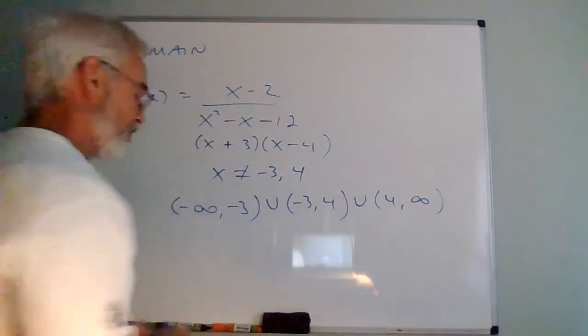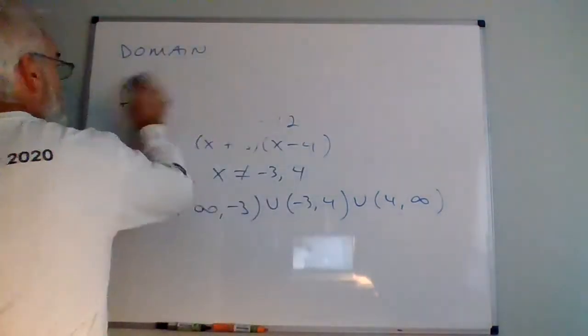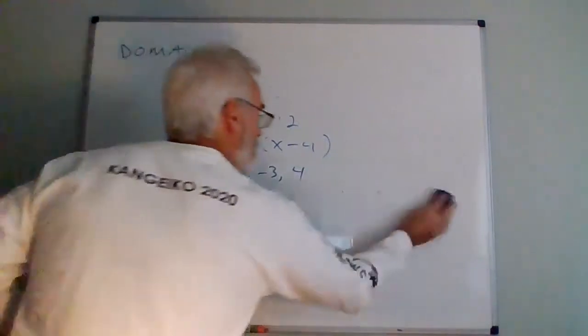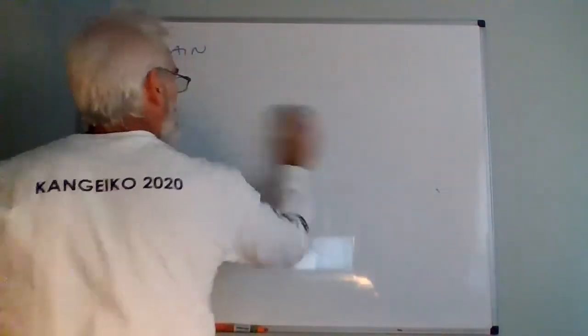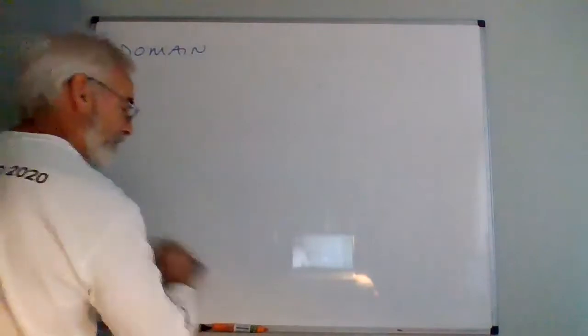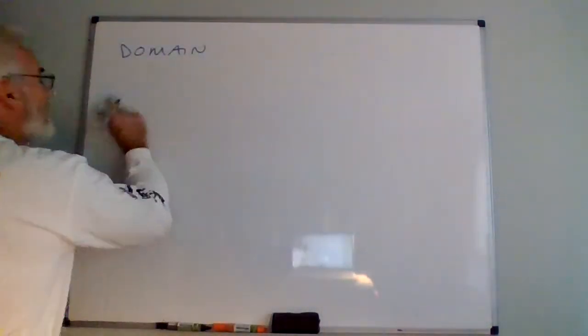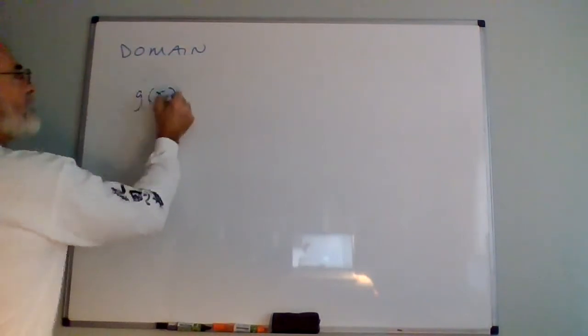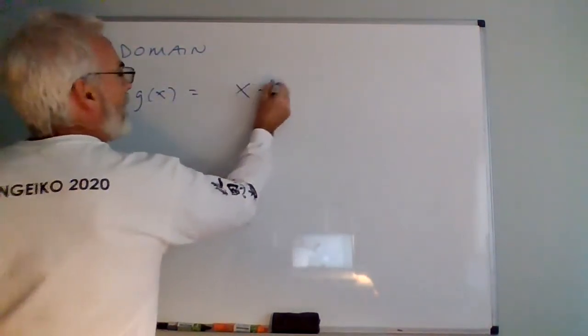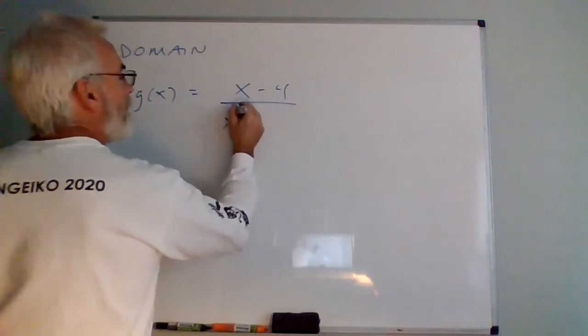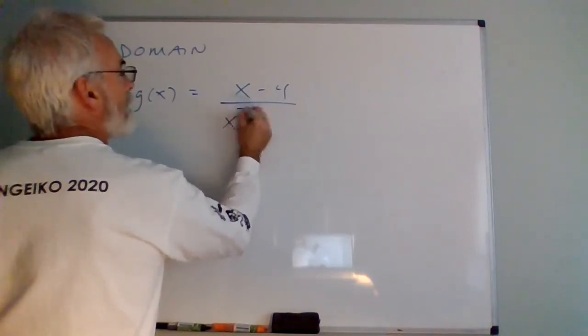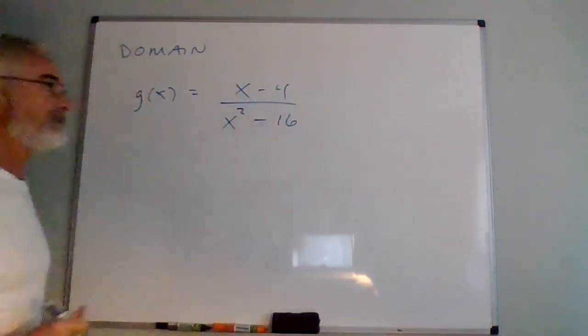Okay, now let's try another one. So now what if we looked at something, let's say, not complicated. Let's say we have g of x is x minus 4 over x squared minus 16.